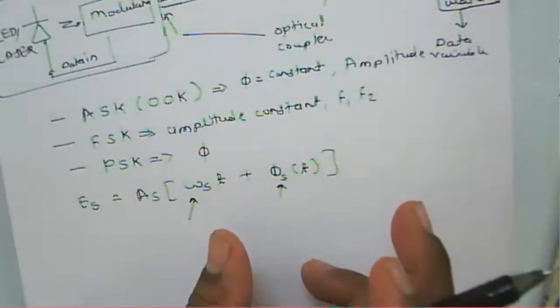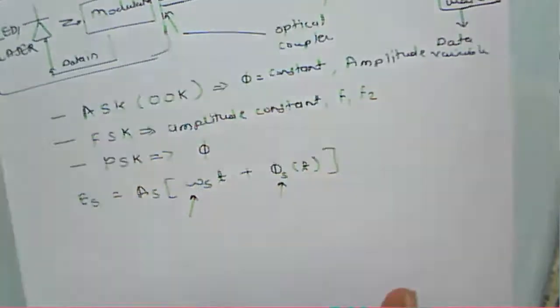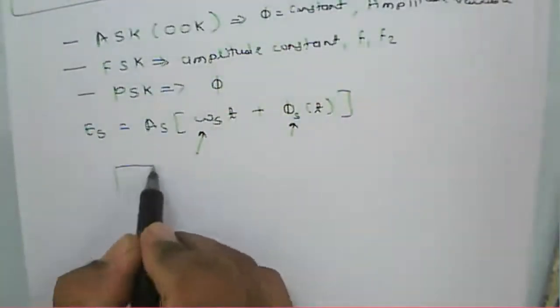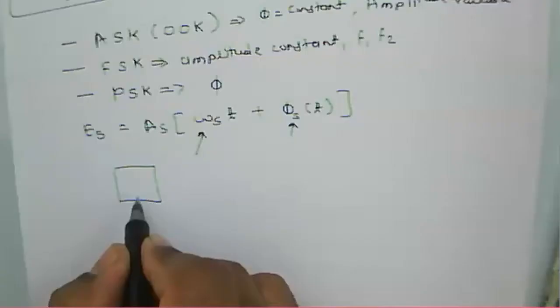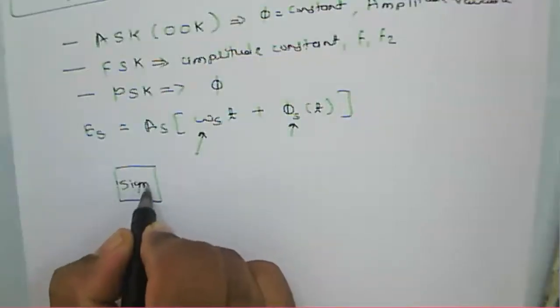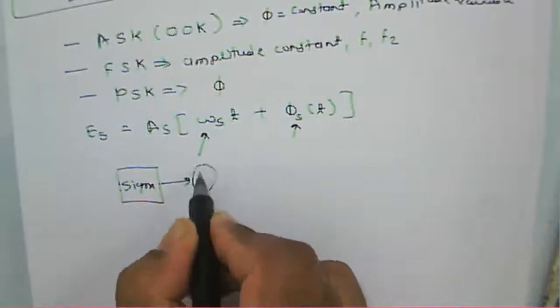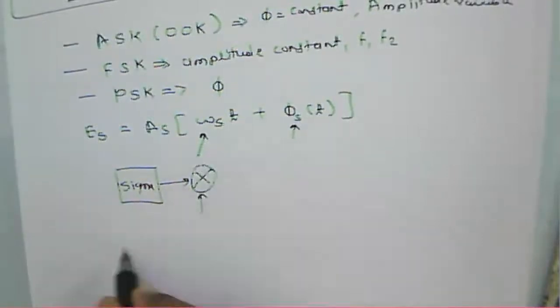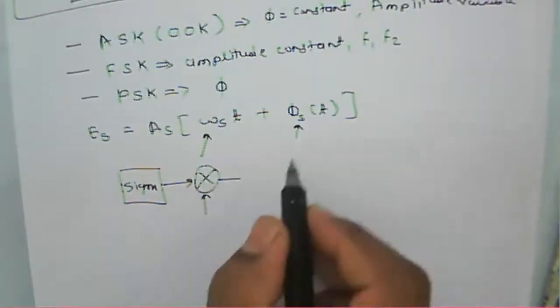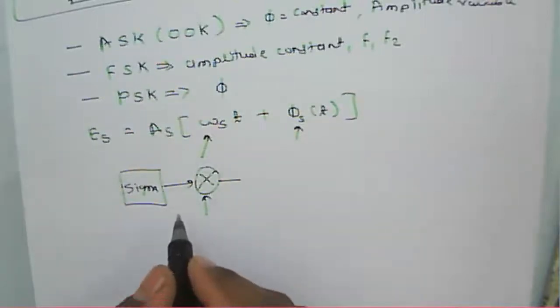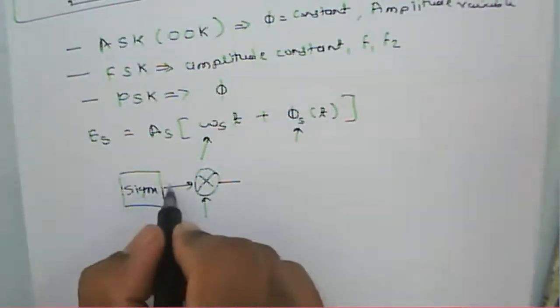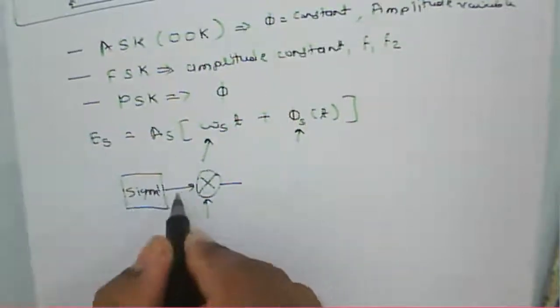Now in the generalized case, if you consider a transmitter, what happens generally is we have a signal input, then we need a mixer here, and then we transmit the signal at a higher level. Before that, we need to modulate that signal.